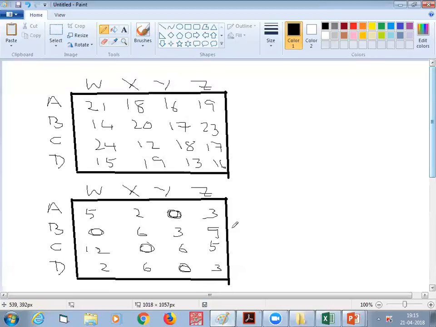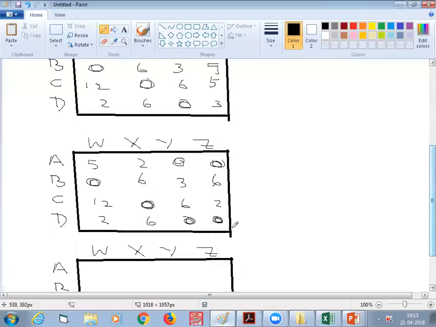The minimum I have to spend is 16, so subtract that and we get an opportunity cost. By subtracting that, we're looking at the opportunity cost, and where the opportunity cost is 0 is where I want to assign. So in the last table that I got, I want to be able to assign at these zeros.